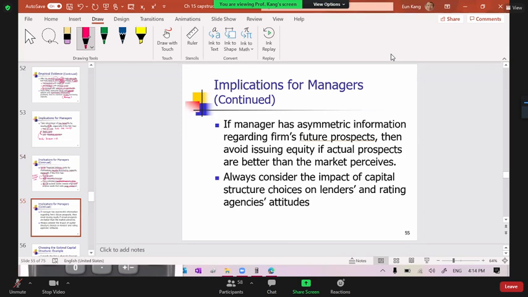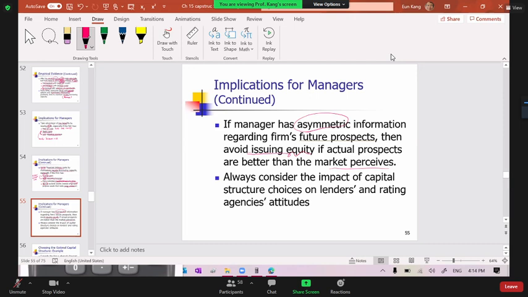And also, those things are very important for managers, how to manage their company financially, especially in terms of capital structure. So if managers have asymmetric information, which is generally the case, right? Then avoid issuing equity if actual prospects are better than the market perceives.